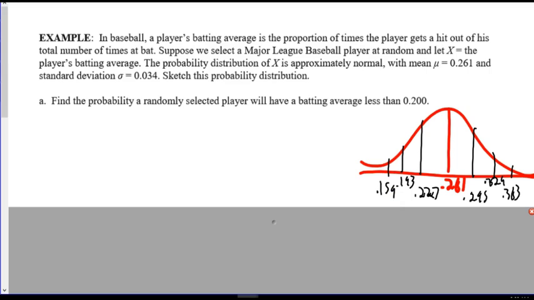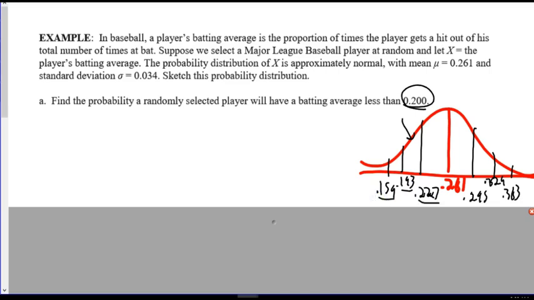So find the probability that we'll have a batting average less than 0.200. Well, where's 0.200? It's somewhere in that space. But we don't know what the z-score is. We know this one is -1 and -2 and -3.